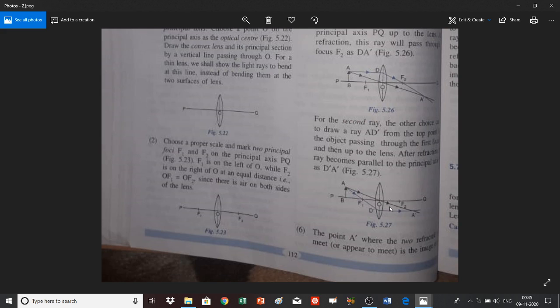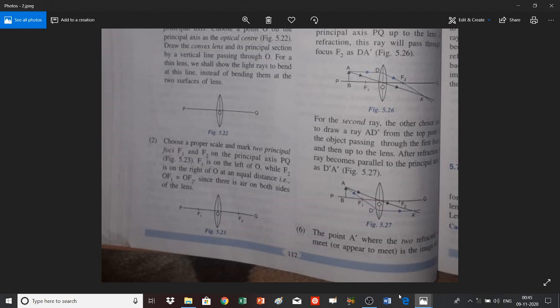So this ray and the other ray, after refraction, will move in this direction and meet at the point A prime. The image of the point A will form at A prime. Similarly, the image of the point B will form here. Just connect these and you will obtain the image of AB. Obviously it is inverted in this case.